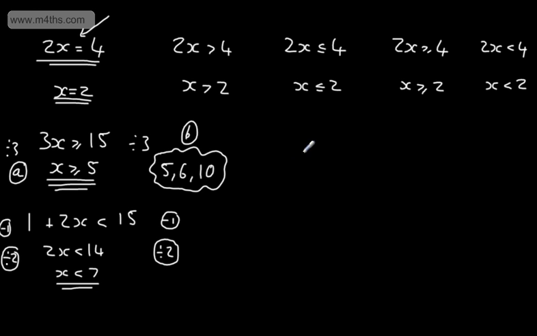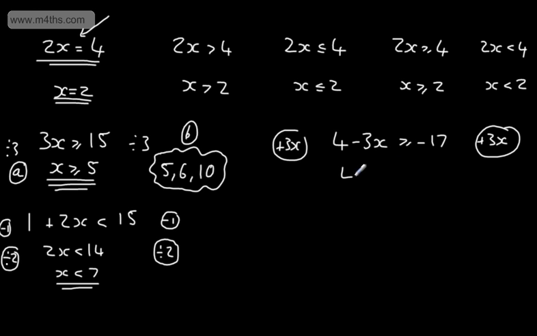Okay, let's do another one, and this is where the negatives kick in. So let's say we've got 4 minus 3x, and we'll say that this is going to be equal to or greater than negative 17. What I want on one side of the inequality are the x's, and on the other side the numbers. What I'm going to do at this stage is add 3x to both sides of the inequality. So plus 3x.